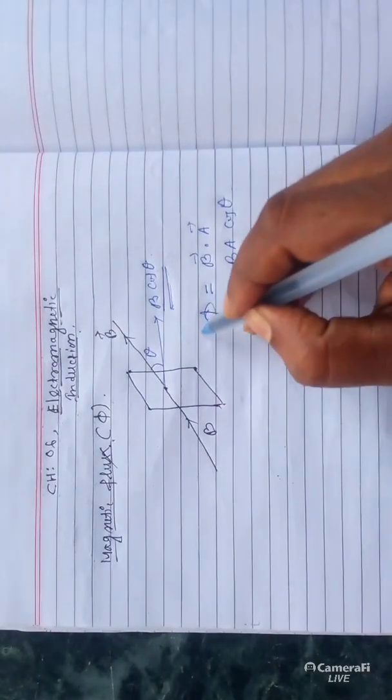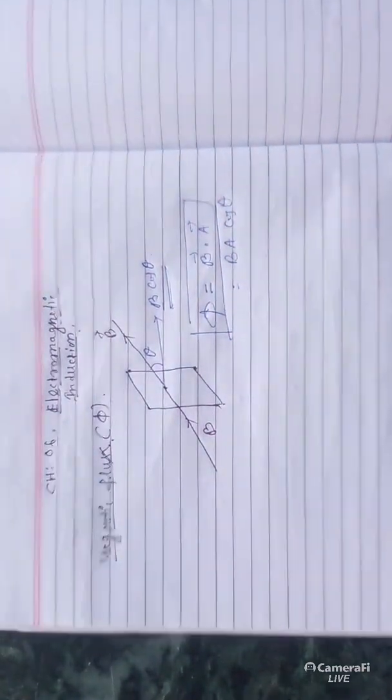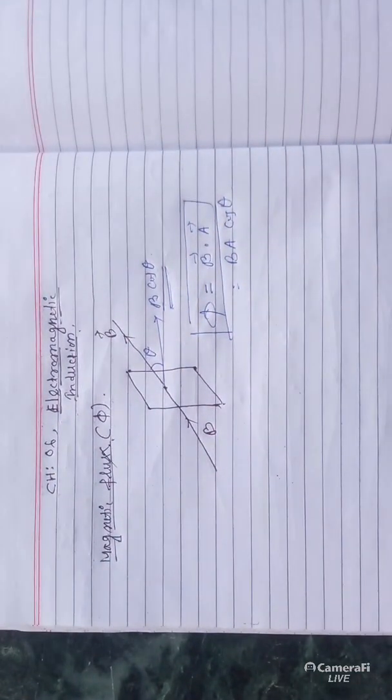So remember, phi is equal to B dot A, that is the number of magnetic field lines passing perpendicularly to a given surface area is known as magnetic flux.